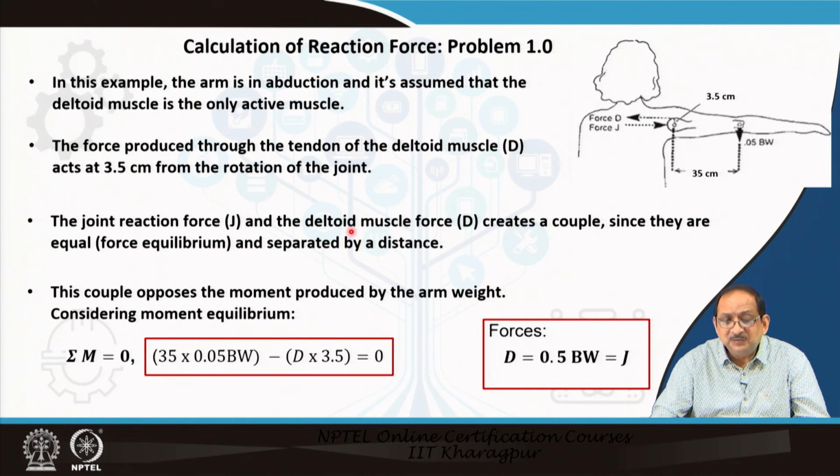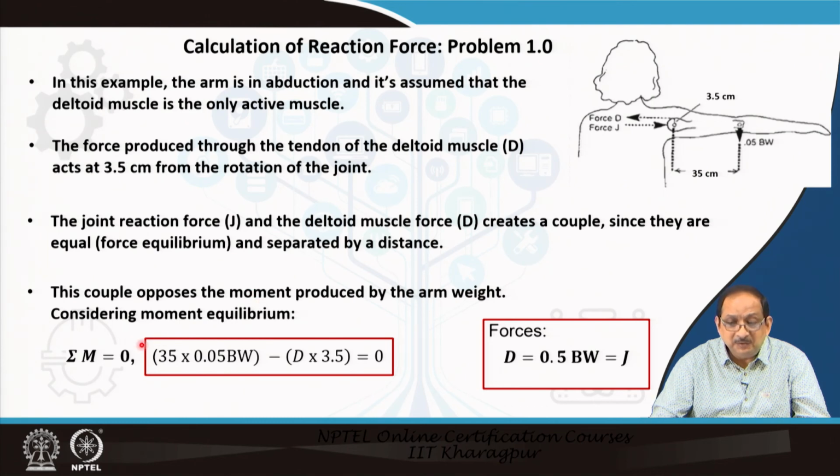So, the joint reaction force and the deltoid muscle force create a couple since they are equal if we consider the force equilibrium along the horizontal direction, and they are separated by a distance. So, this couple opposes the moment produced by the weight of the arm.